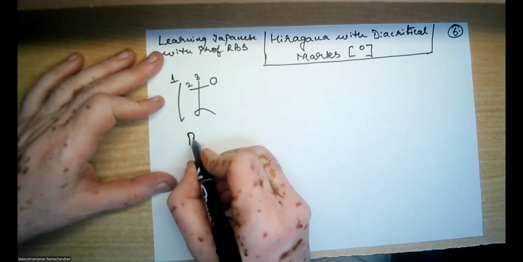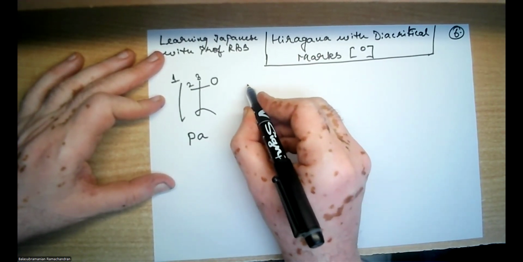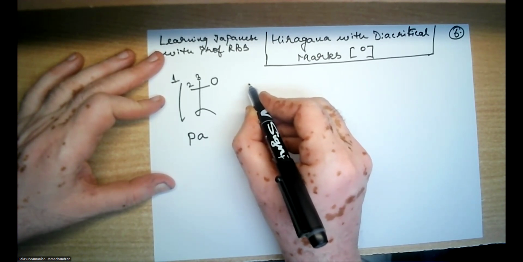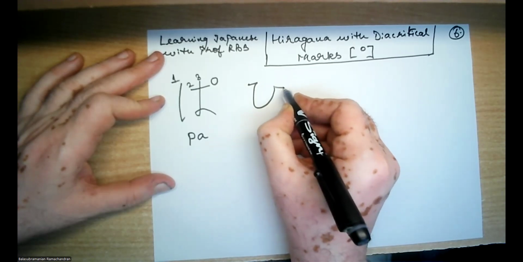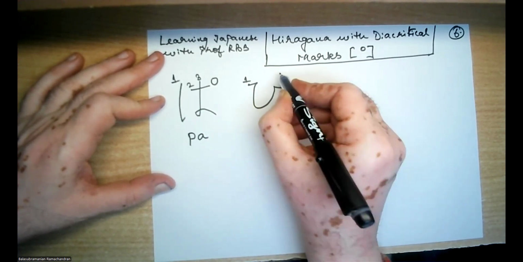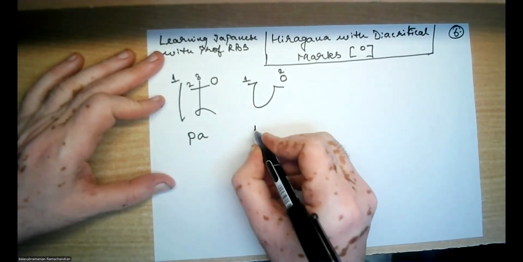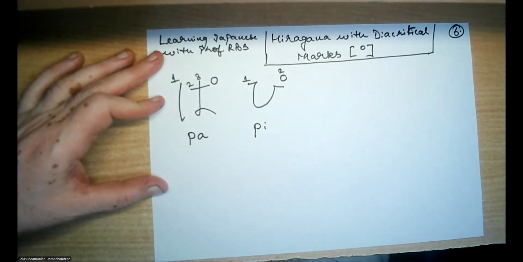So we have pa here. Now let's go to pi. You essentially write this. It's a single stroke, and anti-clockwise. We get pi here.